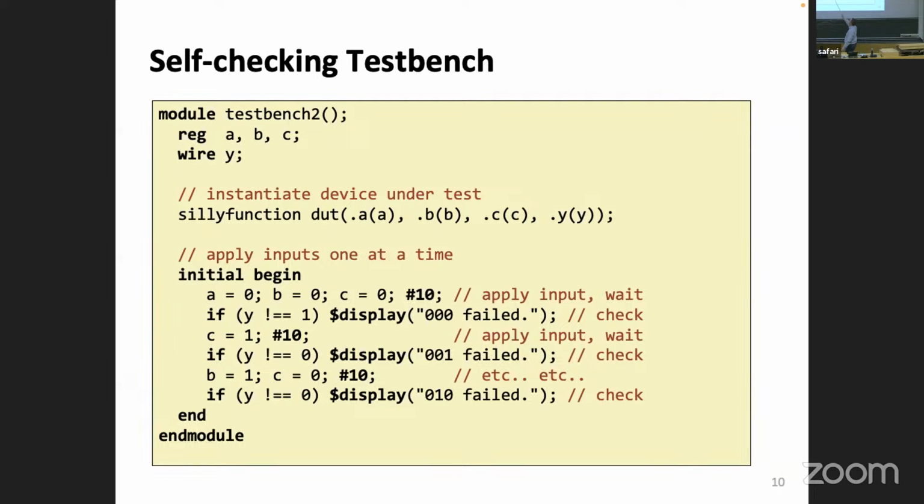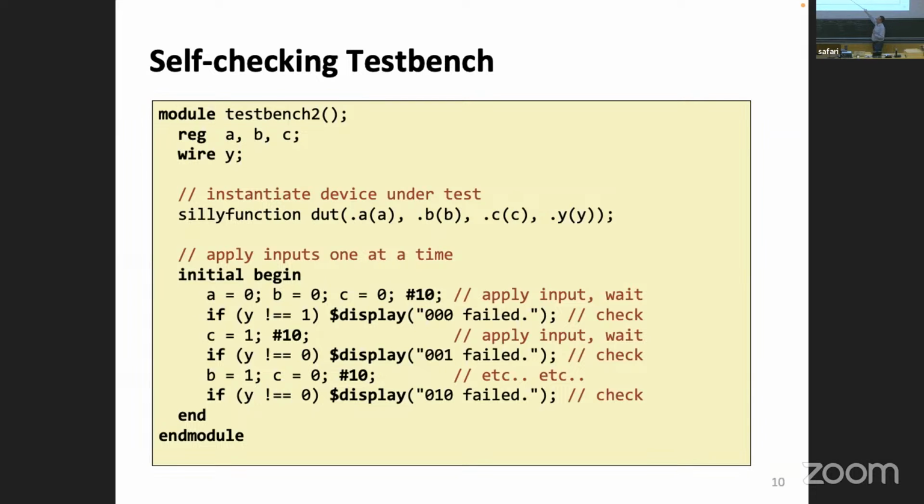And in this case, we are nice enough, we say, you know, the vector 0, 0 failed. Okay, and then the next time I check, and I know that the output should have been 1 here, and I encoded it into the test bench itself. And now I know that the output should have been 0, and I'm checking if this is the case. If this is not the case, then write this.